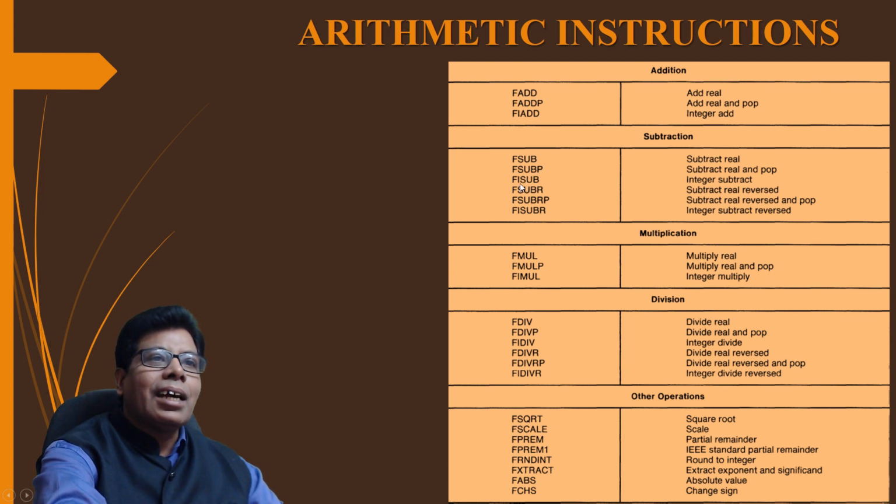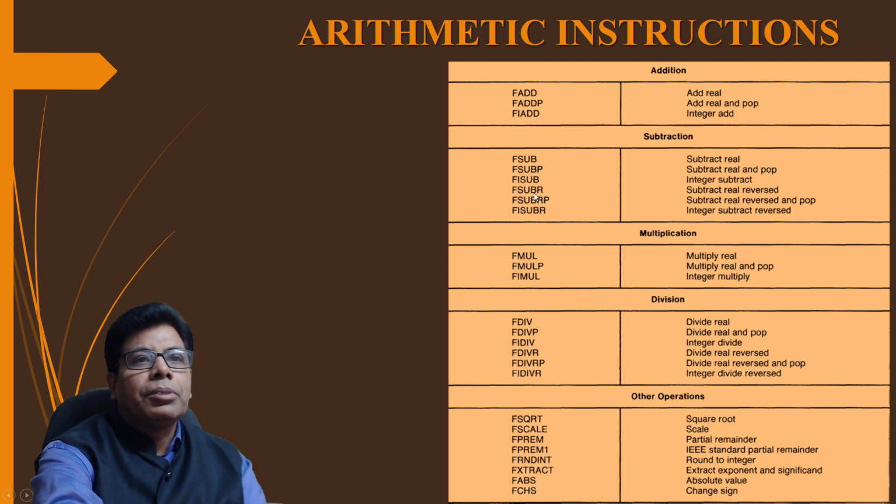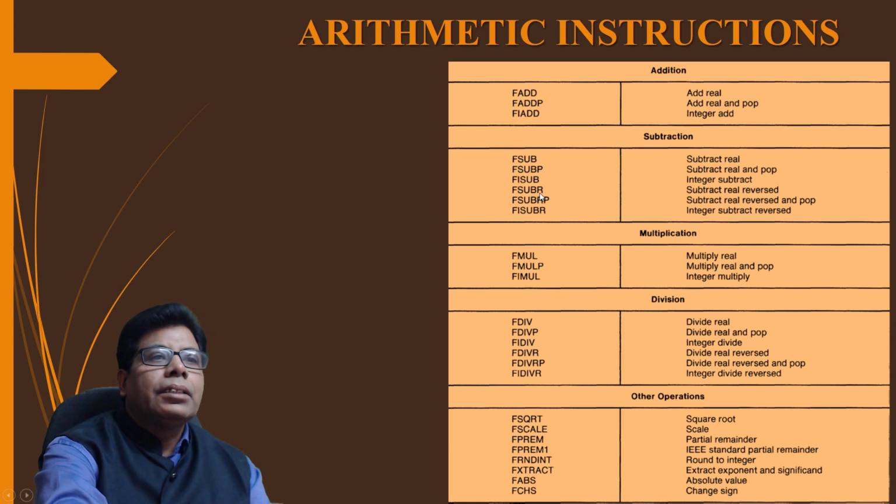Now here I is for the integer, and if there is no alphabet, then that means it is for the floating point. And we have reverse subtraction, that is source minus destination. So we have three instructions for that.